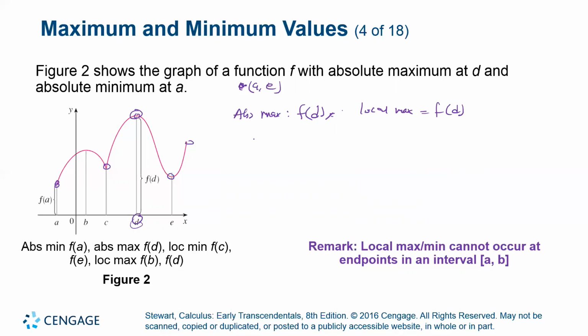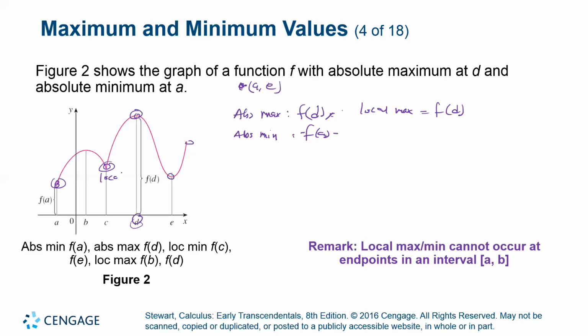Now, on the other hand, let's see what happens at a. This is the absolute min, because it is the lowest value of the function, occurring at the endpoint over the entire domain. Now at f of c, we have a local min.